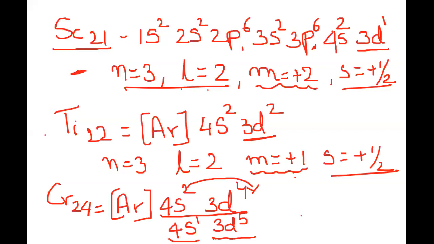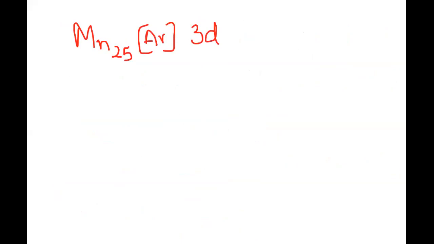Now coming to, let us say, what happens in the case of manganese. Where does the 25th electron enter in the case of manganese with atomic number 25? Manganese has an electronic configuration: argon, the inert gas configuration, then 3d5 and 4s2.